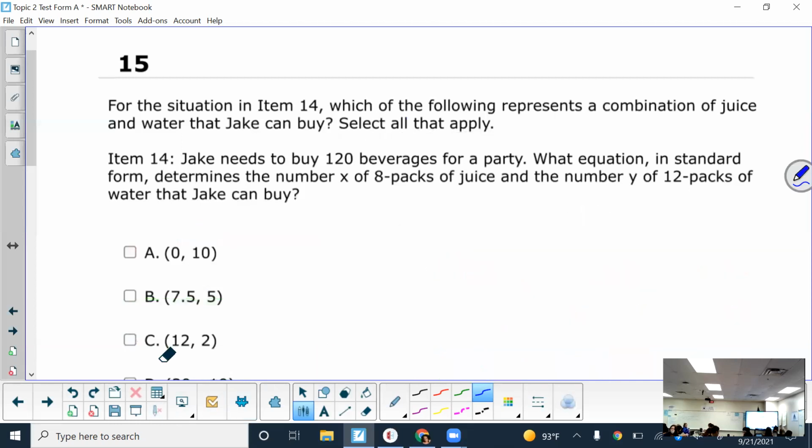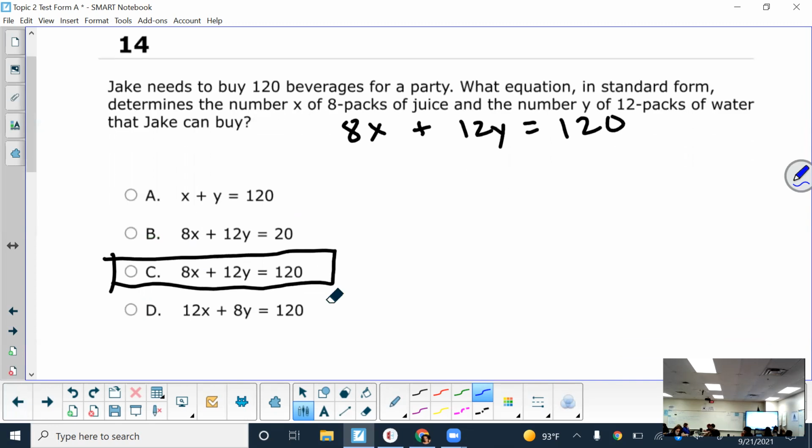All right, this one's a good one because it's about question 14. So it was like Jake needs to buy 120 beverages. What equation in standard form determines the number of X packs of juice and Y packs of water that he can buy? You guys probably got this one right. Am I good in saying that? Number 14, you guys didn't get it right?